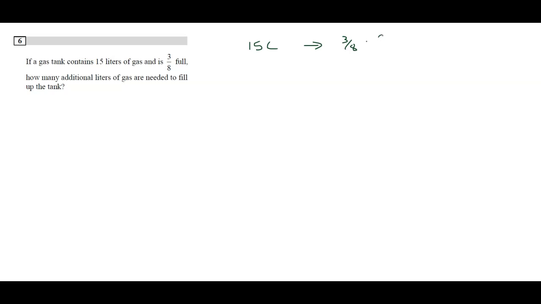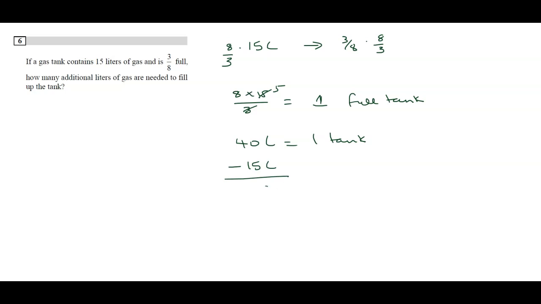To get a full tank, I'm going to multiply by 8/3. So 8 times 15 over 3 is equal to 1 full tank. Let's multiply across. You have 40 liters for a full tank. Now we can subtract 15 liters. So you get 25 liters for the additional amount of gas required to fill up the tank.